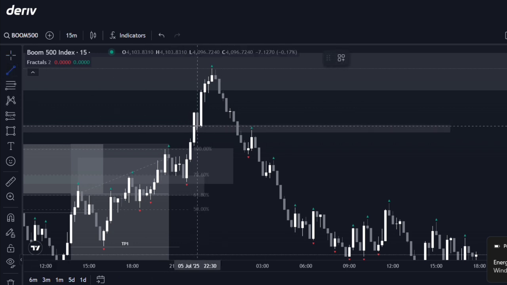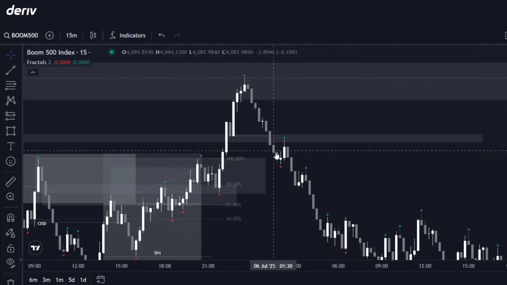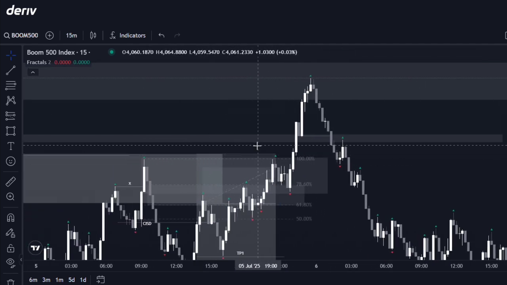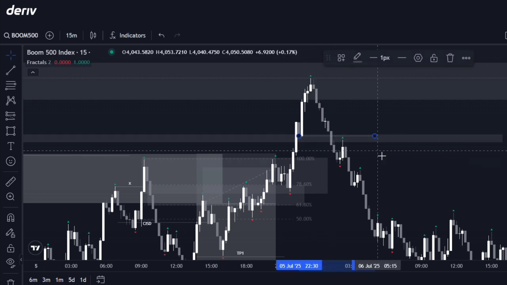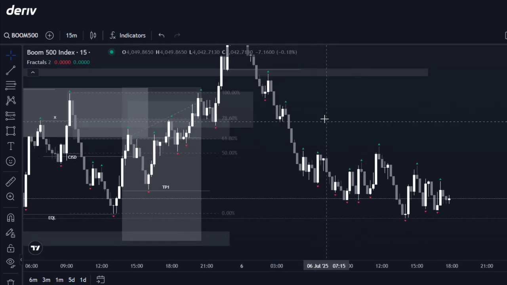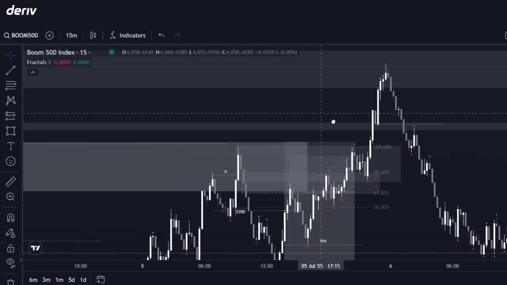Then we would have seen this rejection into this inverse fair value gap that aligned with the change of state of delivery, and then price went lower. I hope this helps you make better trading choices next time.